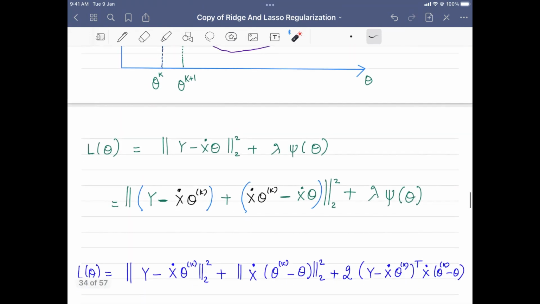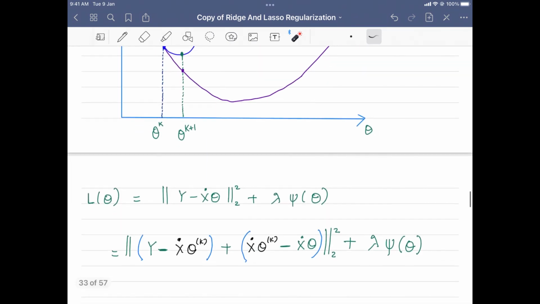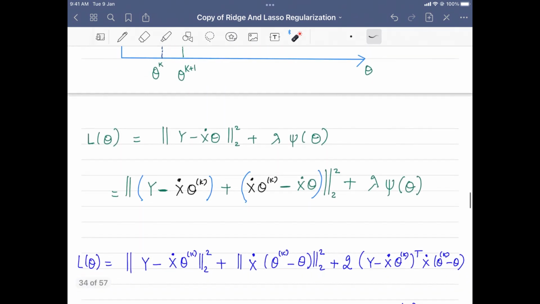So what we started out with is that our aim is to get to this L prime k. In order to do that, what we saw was, this is the original function that we have, and what we did is we added and subtracted two specific values at theta k. It will not create any difference because you are adding as well as subtracting the values.